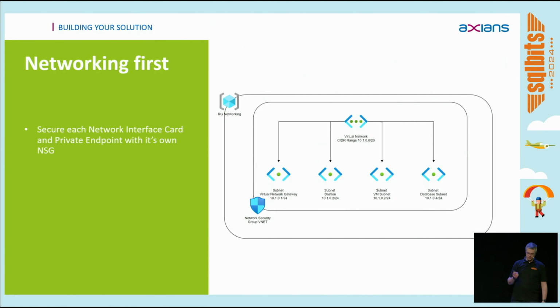Also secure each network interface card and private endpoint with its own network security group, creating a layered network. Again, which IP address can have access, which one can't. And please add a useful description to each network security group rule. Again, if one fails or is blocking traffic, it's nice to know which one it is. NSG rule 1, NSG rule 2 won't help you when you're trying to figure out what's happening.